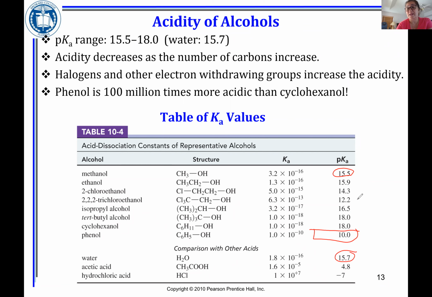So if it stays around 15.7, that's close to neutral. But if the pKa is 10, that's much higher acidity compared to water, or compared to cyclohexanol. That's like 100 million times more acidic for phenol.